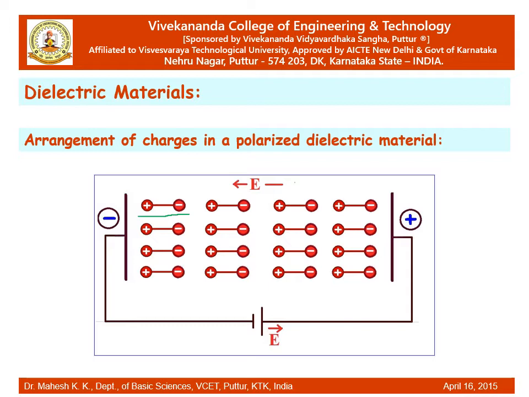But when the electric field is applied due to the battery, similar to the previous case, there is an orientation of all these positive and negative ions such that, after the orientation, the positive part will be towards the negative electrode and the negative part towards the positive electrode.